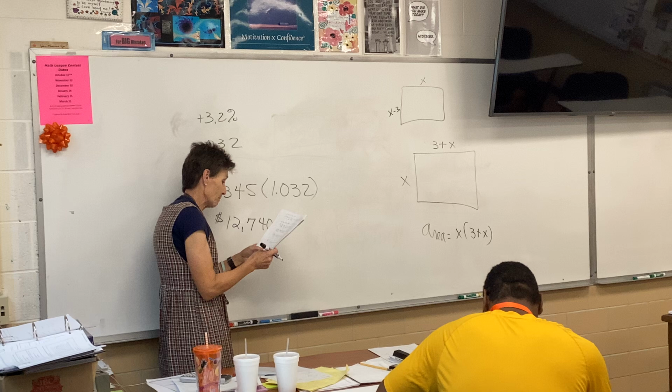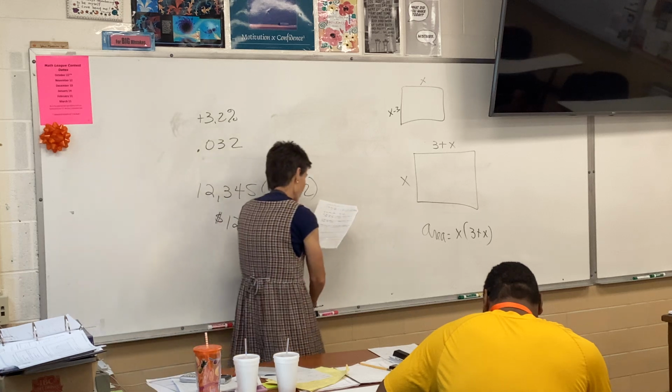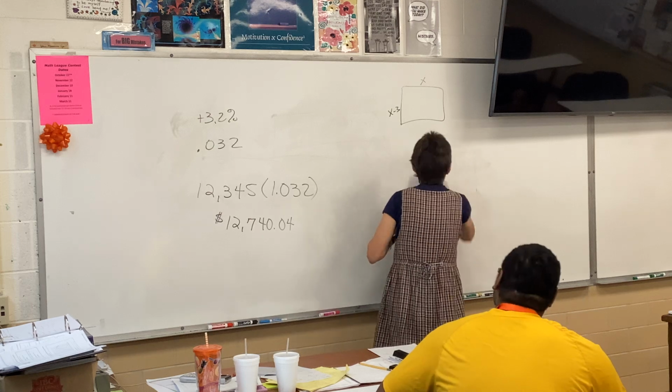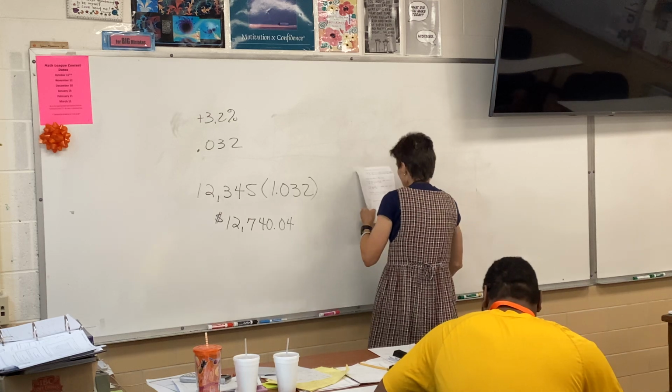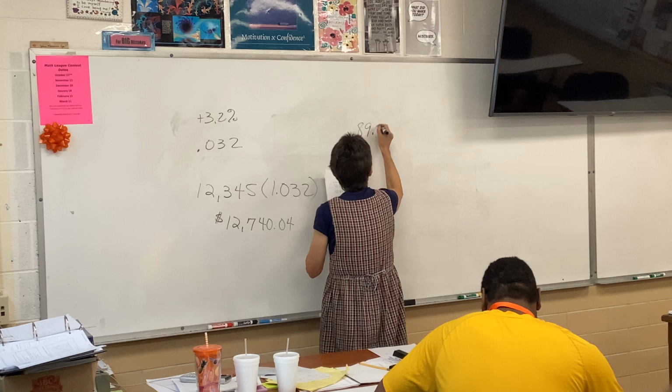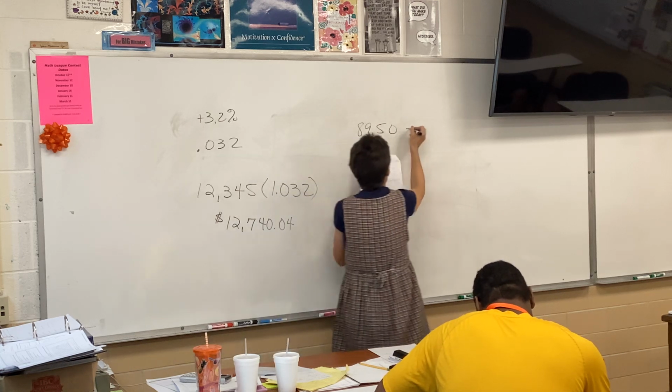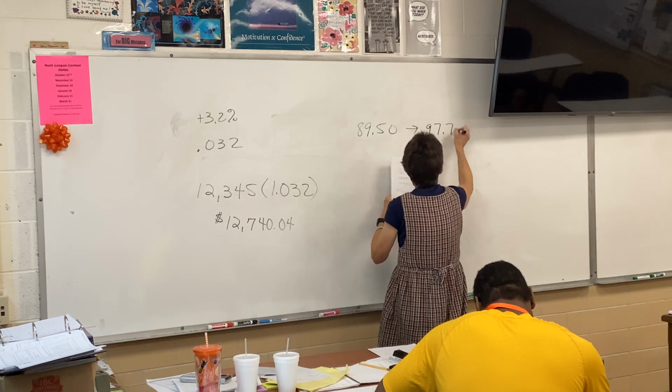All right, B. Last year, a Precal book cost $89.50. This year, it costs $97.75.